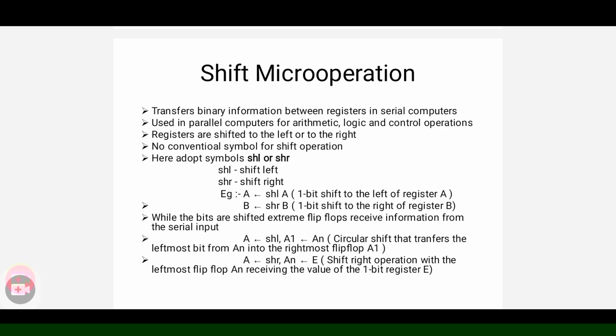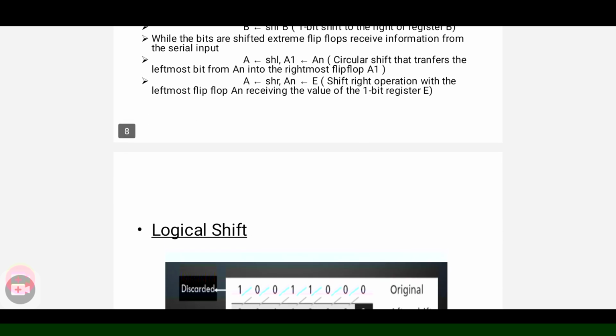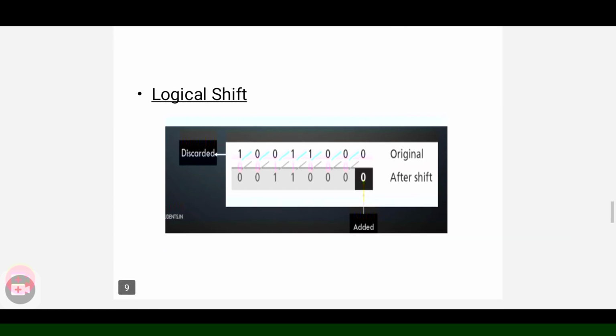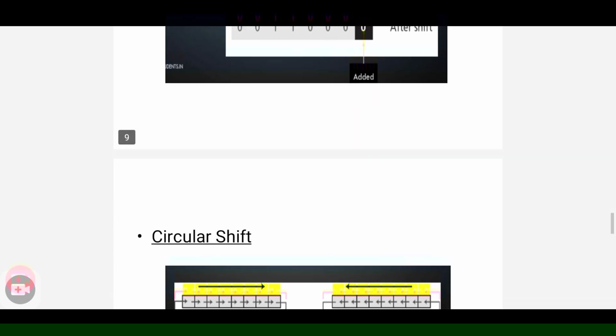This is a normal shift micro operation, that is a logical shift. If we have data 1001100 and we apply SHL, that means shift left, one bit is shifted left, and at the LSB part we add 0. That's a logical shift micro operation.